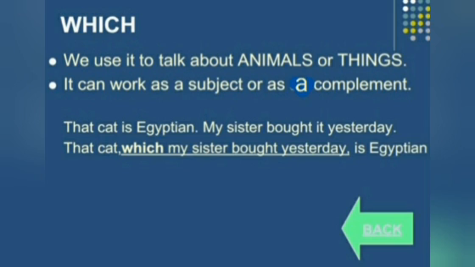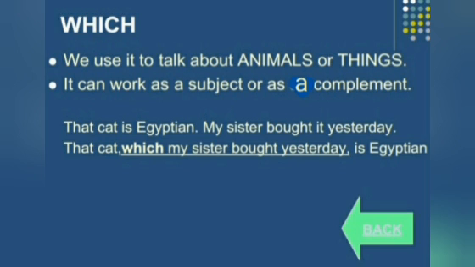Now both the thoughts are talking about the same thing, that is the cat. So we can combine: that cat which my sister bought yesterday is Egyptian. So we have used the relative pronoun which so as to combine both the thoughts which are relating to the same noun, that is cat.